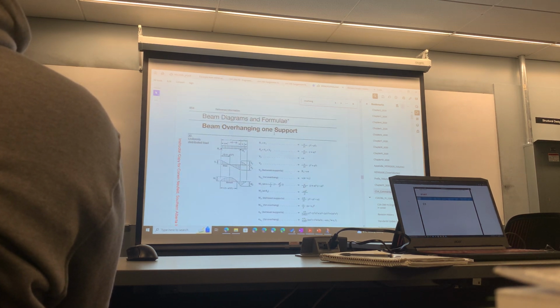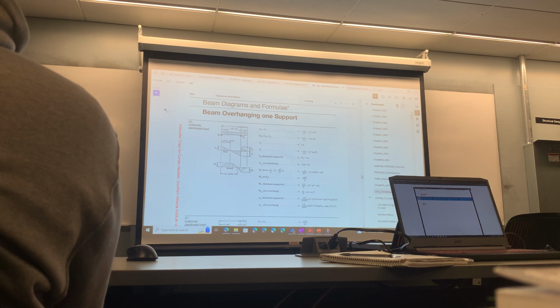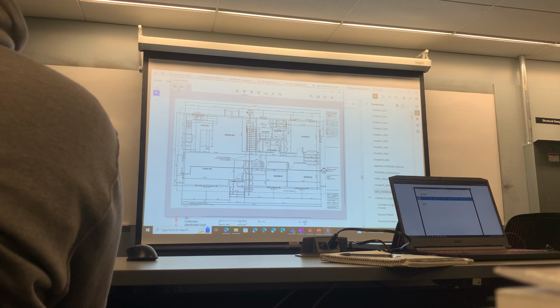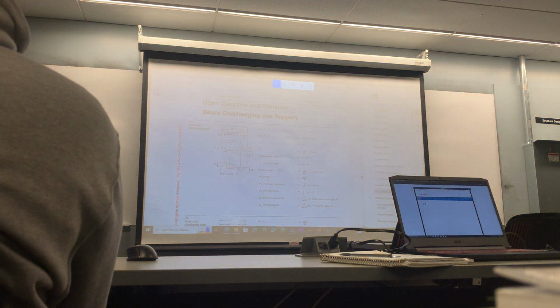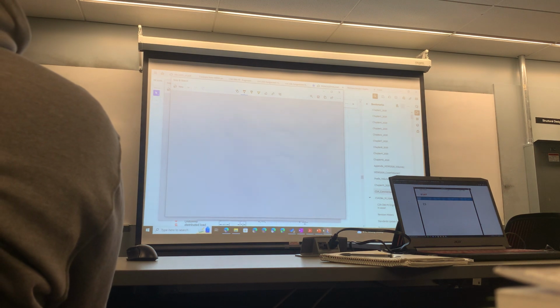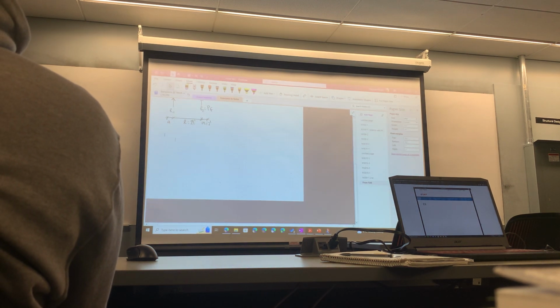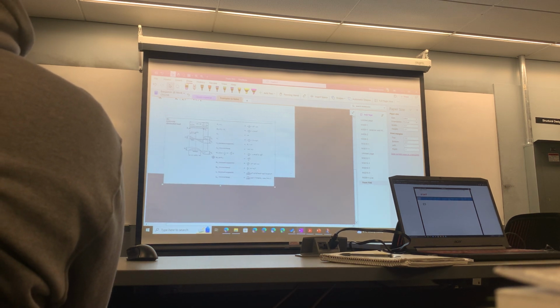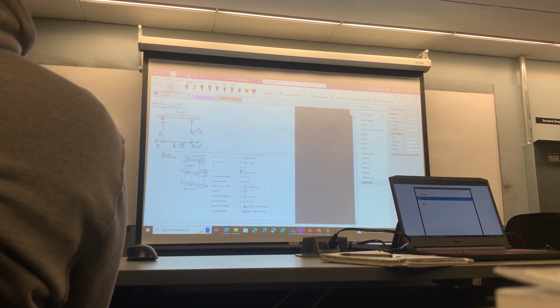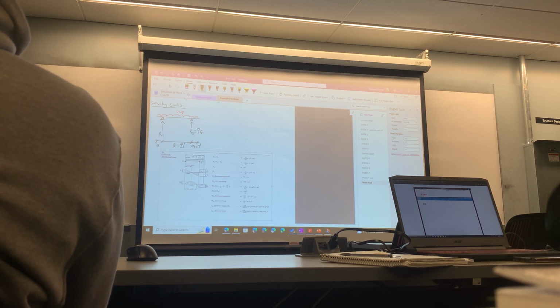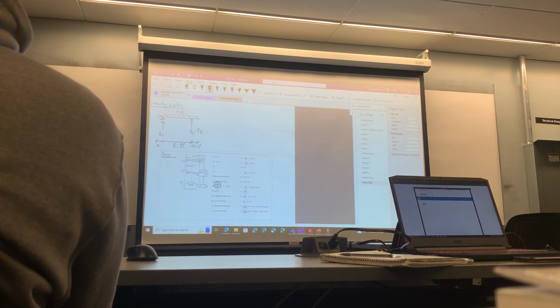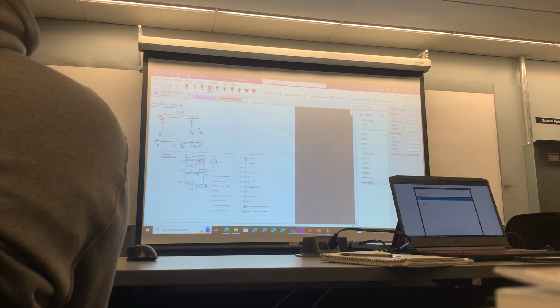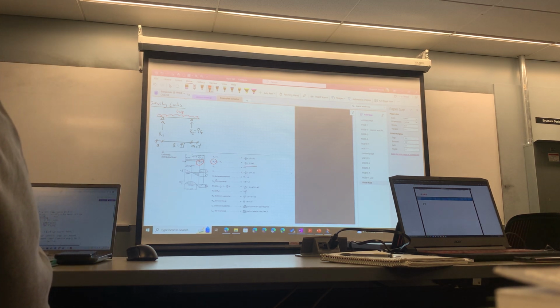Here, beam, overhang, one support. Take that and put that in here. And this is what we're trying to find, given here. And this is our equation to find R2.